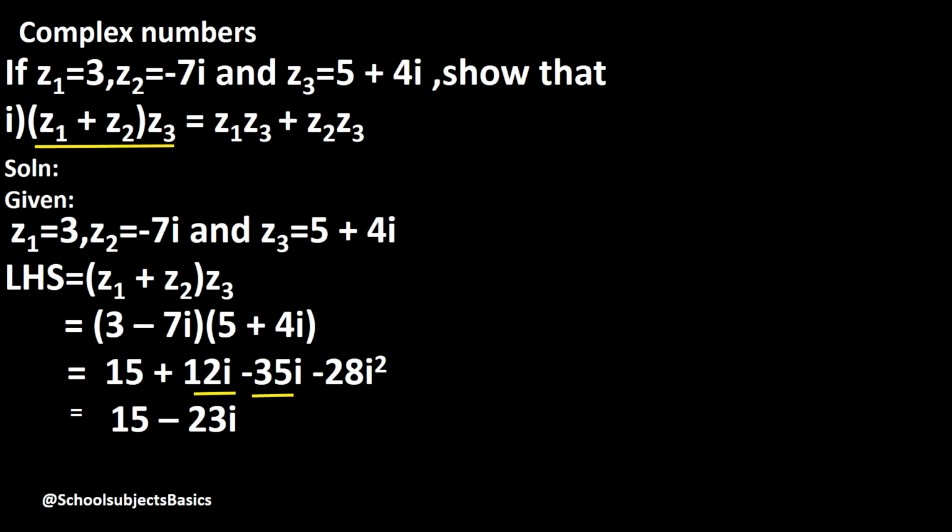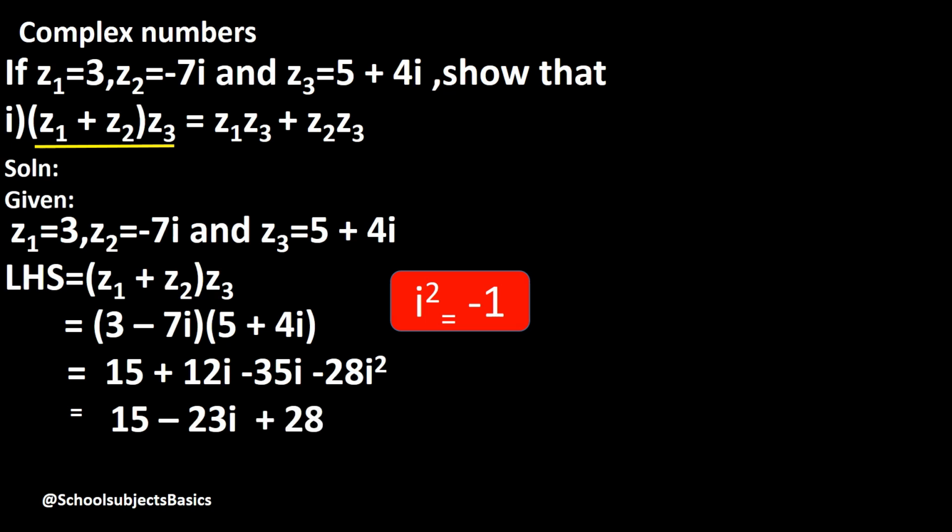Then the next one is minus 28i square. We know that the value of i square is minus 1. If you substitute minus 1, minus into minus changes into plus, so that is plus 28. So now the value of LHS is 15 minus 23i plus 28.